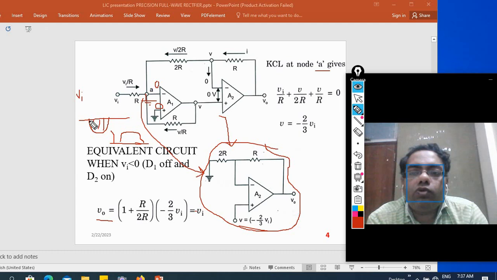When the input voltage was positive, the output voltage was as it is, positive. And now when the input voltage is negative, the output voltage is inverted. So this is a full wave rectifier. Full wave rectification has occurred.